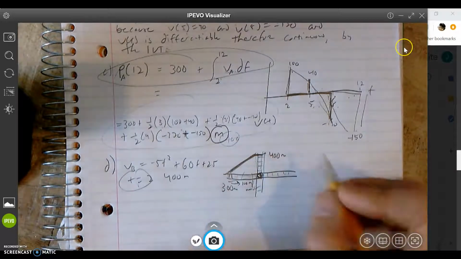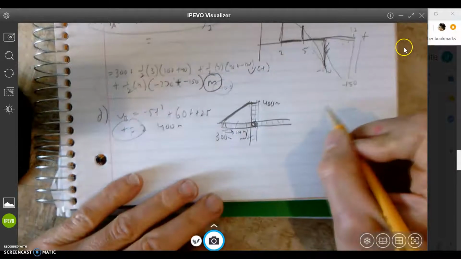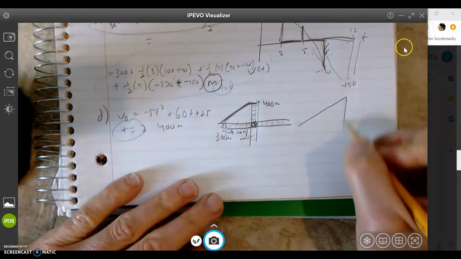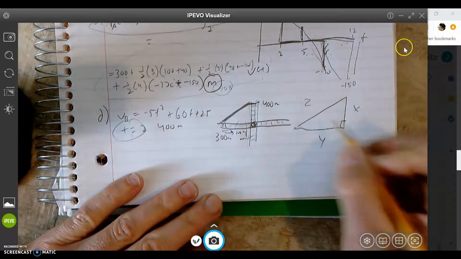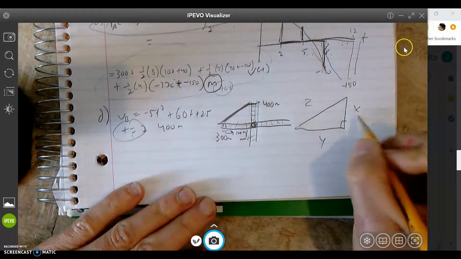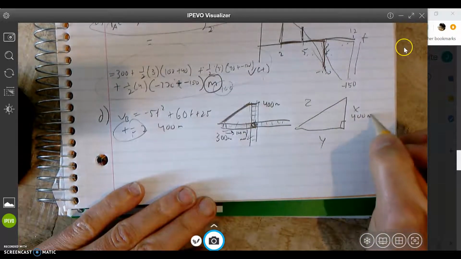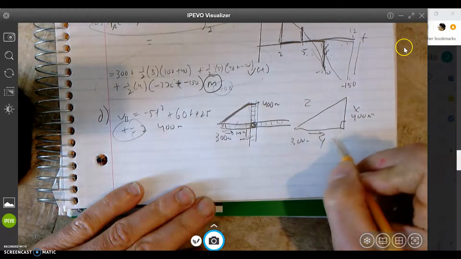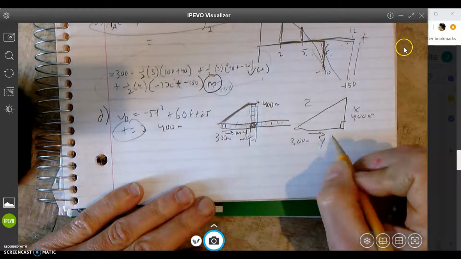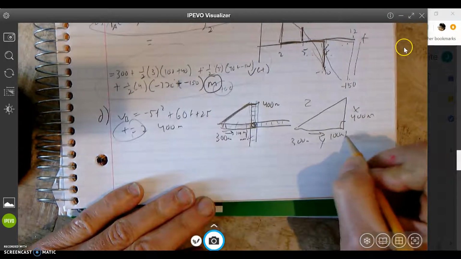Okay, so let's break it down a little bit more. So this is X, and this is Y, this is Z, let's call it. So we have 400 meters, and this is 300 meters, and this is going this way at 100 meters per minute.